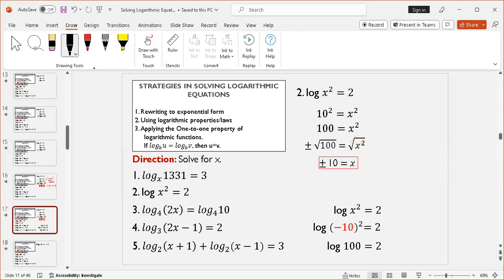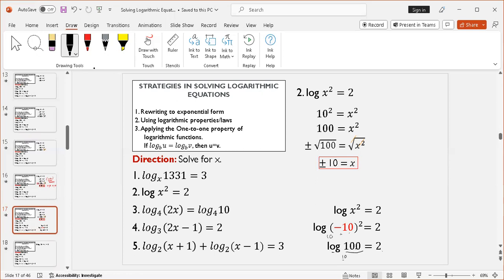So substituting negative 10 to the original equation, it will give us, if we are going to simplify this, negative 10 raised to 2, it will give us log of 100, okay, to the base 10. You may use your calculator to verify if log of 100 to the base 10 is really equal to 2.